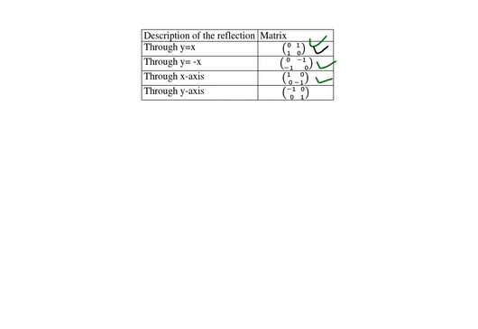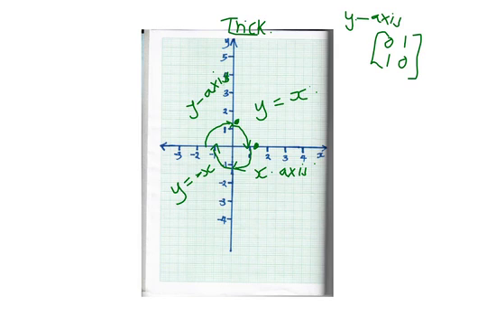So we go to y equals negative x. Negative x will have this coordinate and the next one, which is here. This is y equals negative x, and this was y equals x.